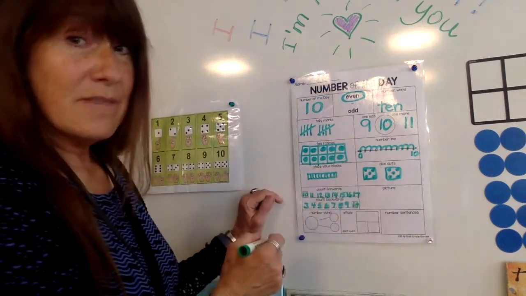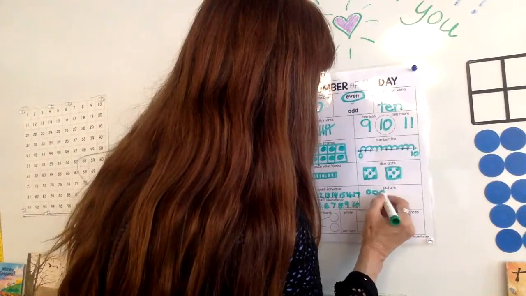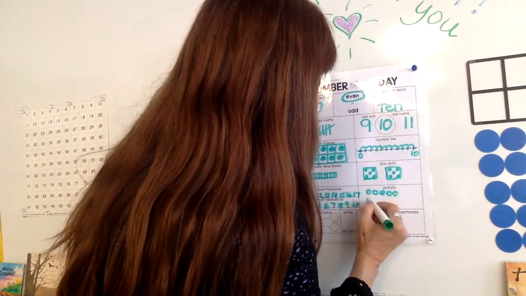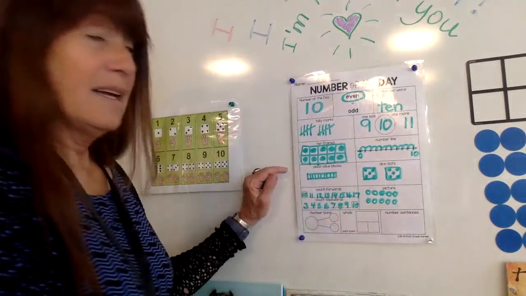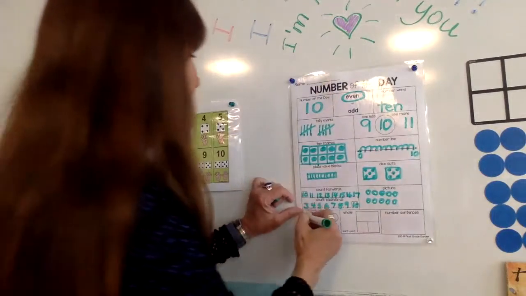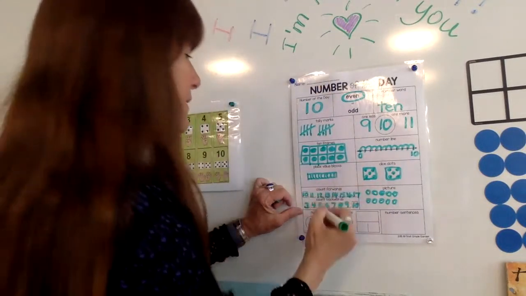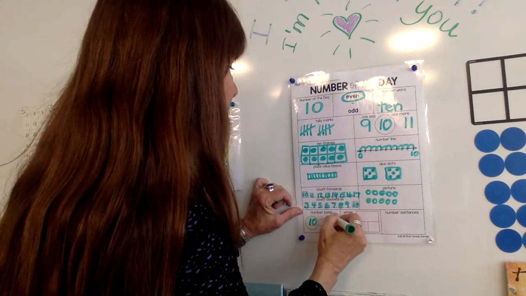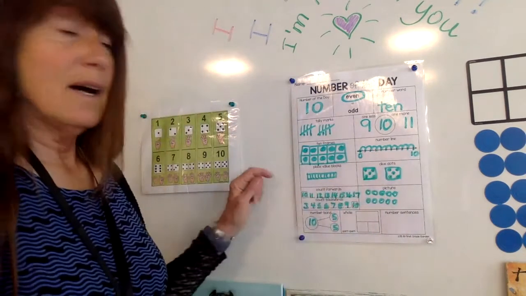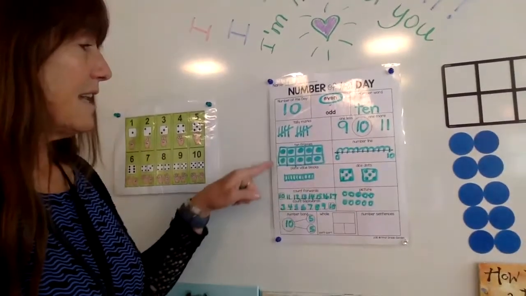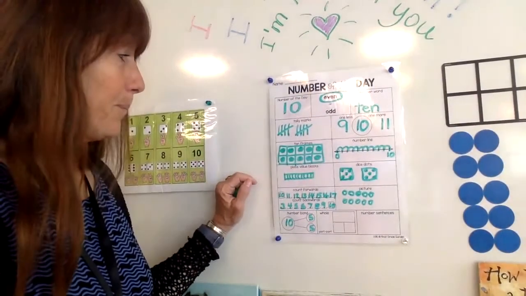A picture of 10 things. I'm just going to make circles. 1, 2, 3, 4, 5, 6, 7, 8, 9, 10. A number bond. 10 goes in the big circle. We can use 5 plus 5, just like we did on the dice dots, and 2 rows of 5 in the 10 frame.